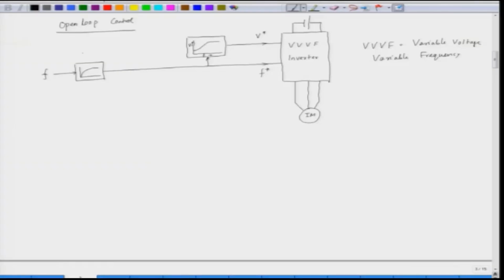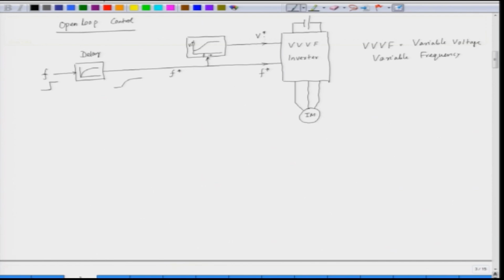If we apply a step change of frequency here, the actual change will be delayed like this. This will allow the machine inertia to respond, and as we are varying the frequency, this is our frequency command here, the voltage is also changed in accordance with this relationship.